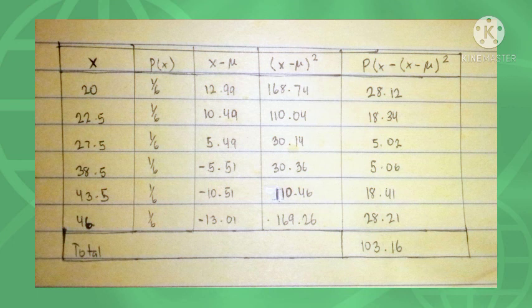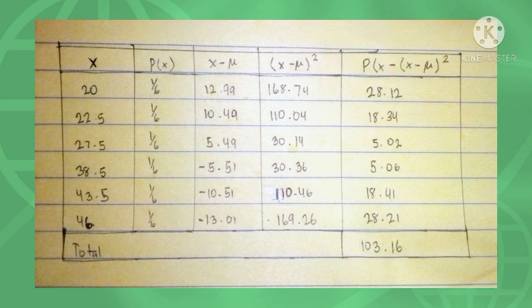So 32.99 minus 20 is equal to 12.99, and so on and so forth. In the next column, we are going to square our 12.99. So 12.99 squared is equal to 168.74. And we're going to repeat the process until we get to the bottom.